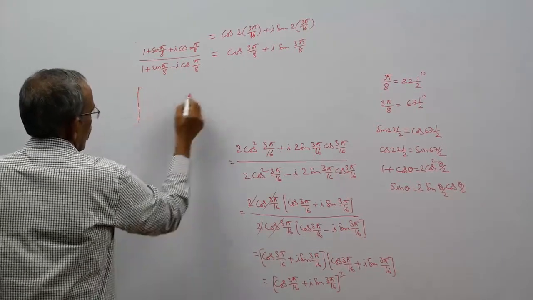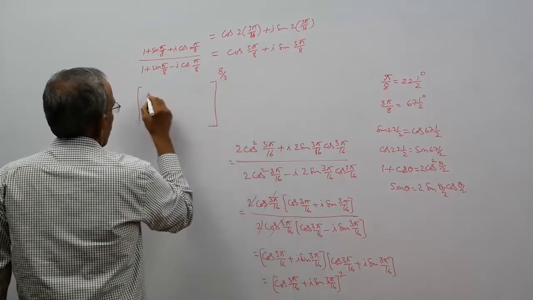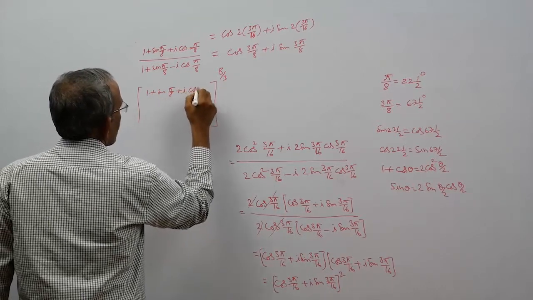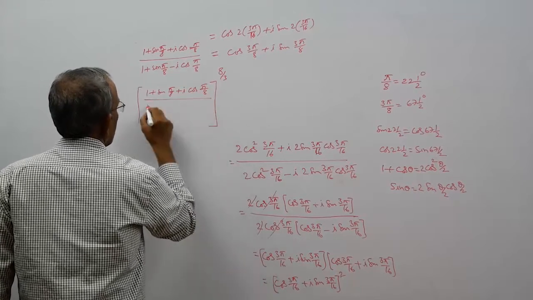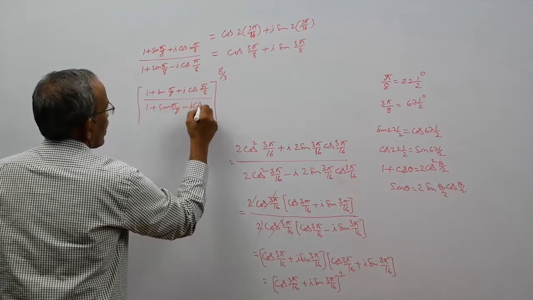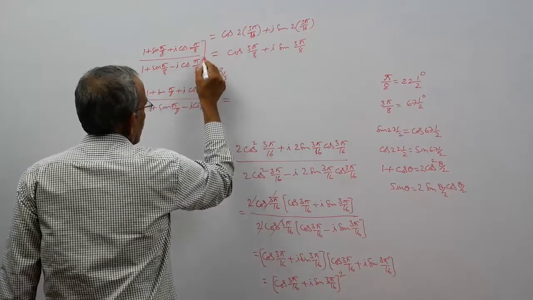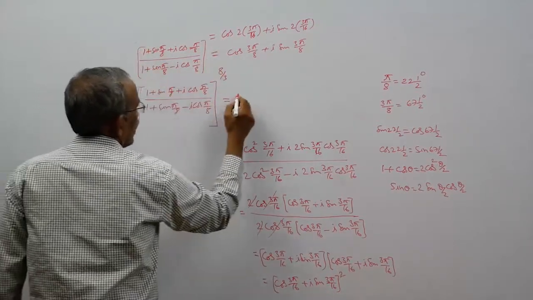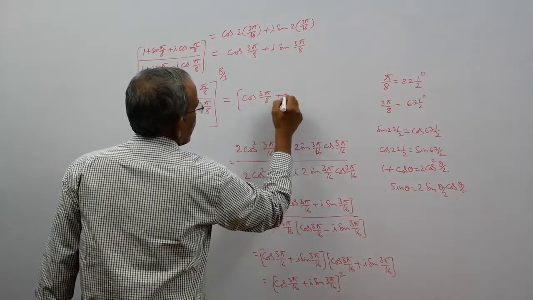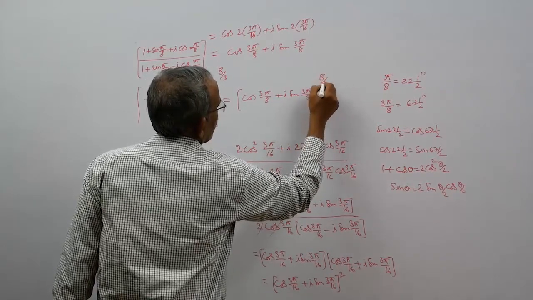Now to take the whole bracket to the power of 8 by 3, 1 plus sin pi by 8 plus I cos pi by 8 by 1 plus sin pi by 8 minus I cos pi by 8 whole to the power of 8 by 3 equal to cos 3 pi by 8 plus I sin 3 pi by 8 whole to the power of 8 by 3.